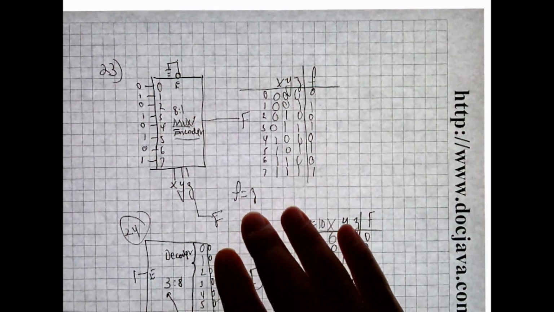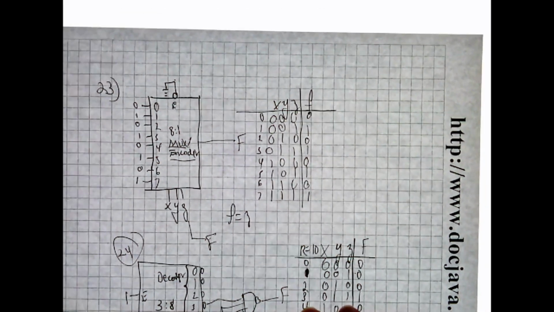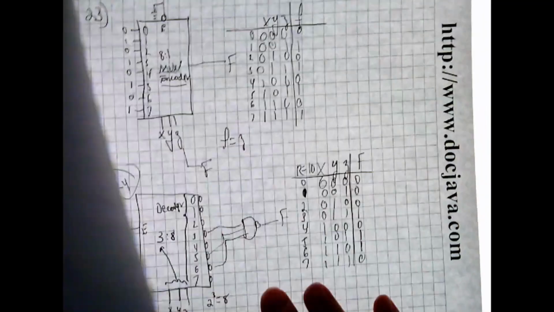Here, see? That's 23. F equals E. And any other questions that we haven't already done just now? And could you do 24 too? Yeah, we did that. Other questions? No other questions? Really?